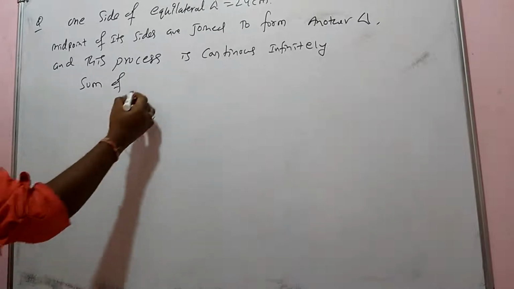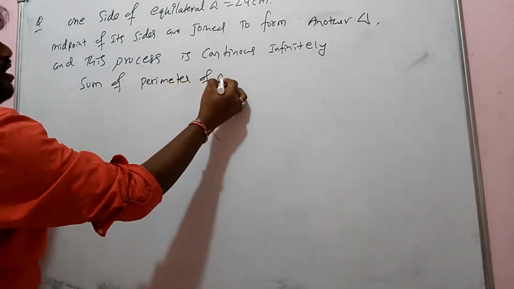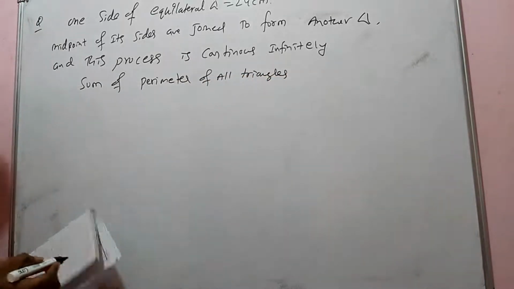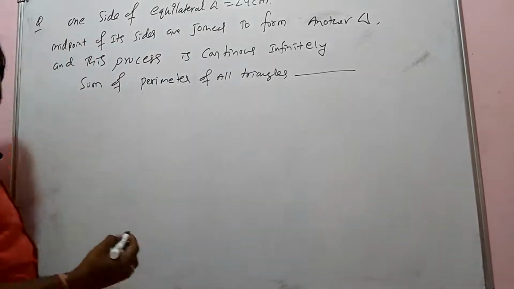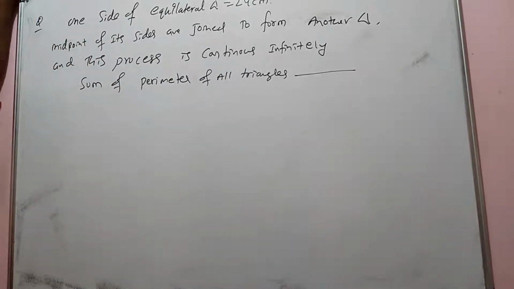This is a beautiful and very important question. One side of an equilateral triangle is 24 centimeters. Midpoints of its sides are joined to form another triangle, and this process continues infinitely.